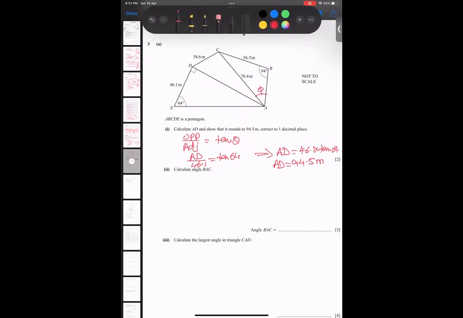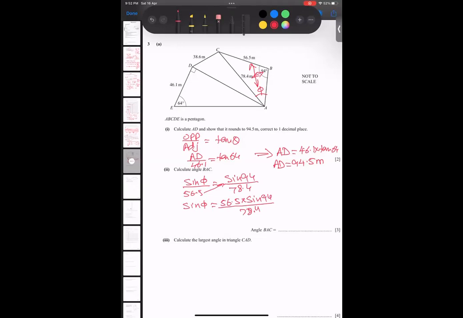If we talk about this triangle, this is a pair and this is a pair. Okay, so I use the sine rule. Sine phi over the opposite side 56.5 equals sine 94 over 78.4. So this will multiply up: sine phi equals 56.5 times sine 94 divided by 78.4, and then I will take the sine inverse.